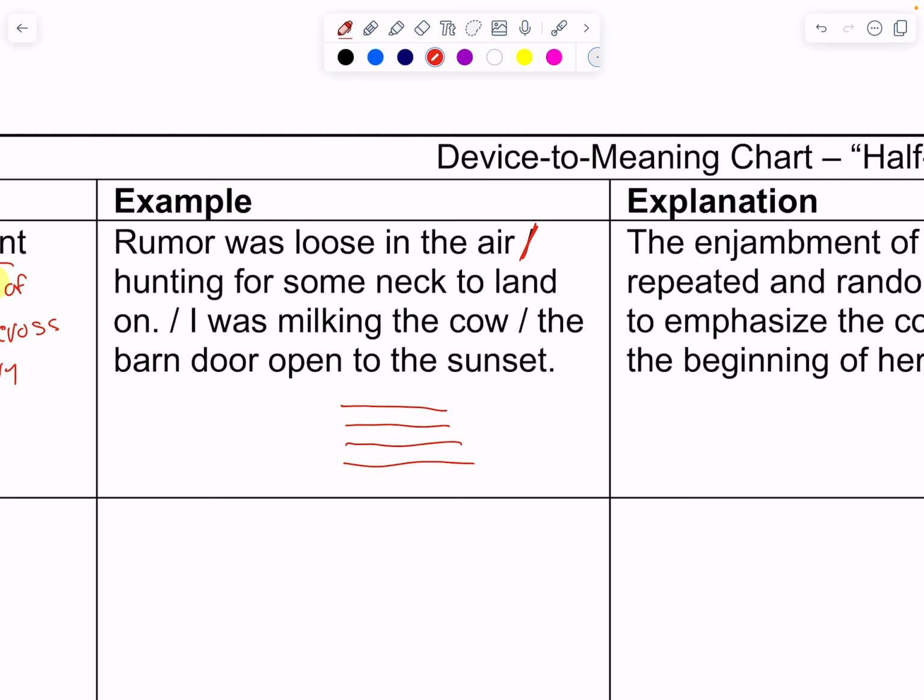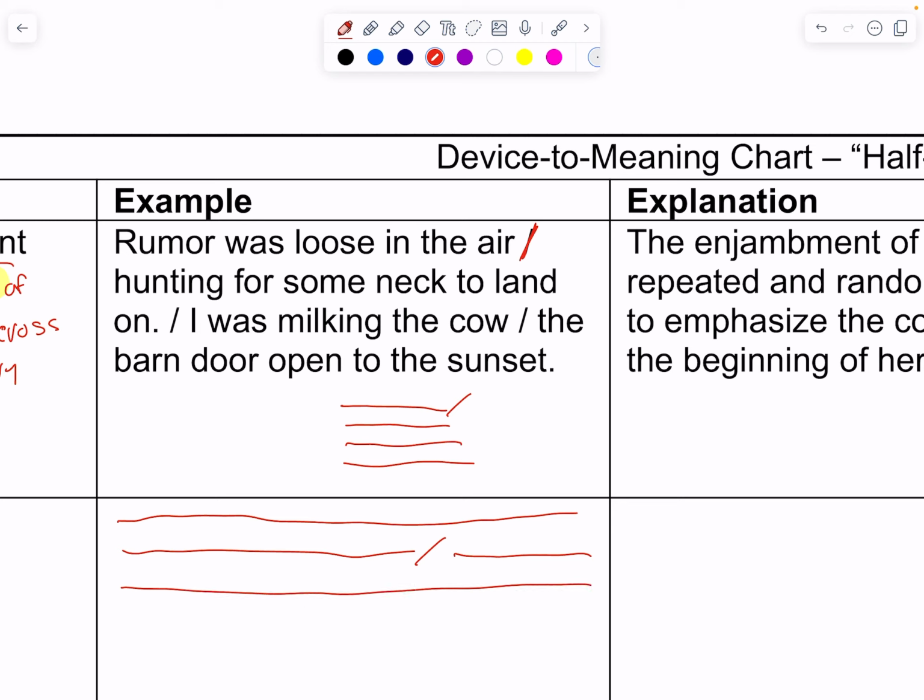So what we do is we still write like this, rumor was loose in the air, yada, yada, yada. But then whenever we get to where the line splits on the poem, we just put a slash and then we continue. Okay, so that tells me or indicates that the line is splitting there. And that's very important because the line, the number of lines and stanzas is important in poetry.